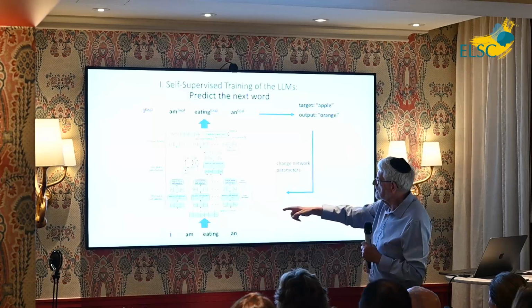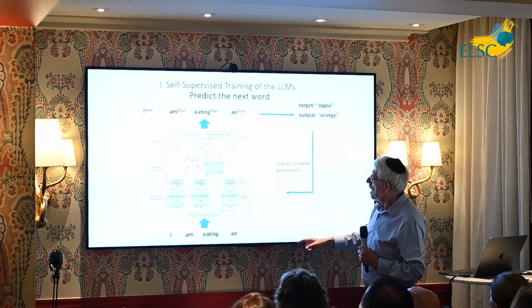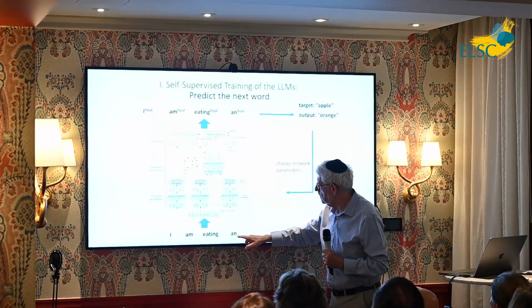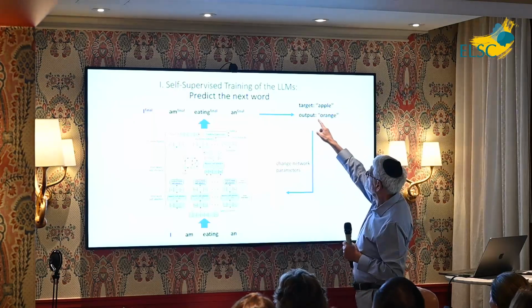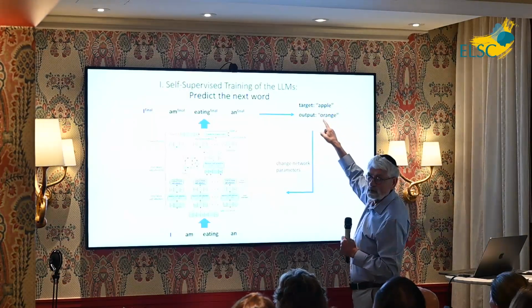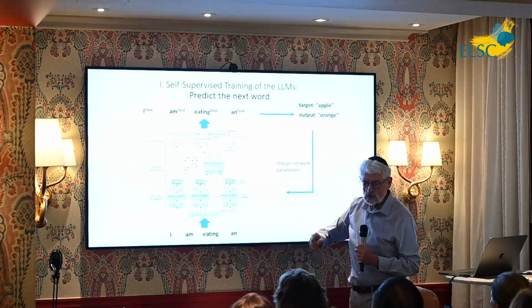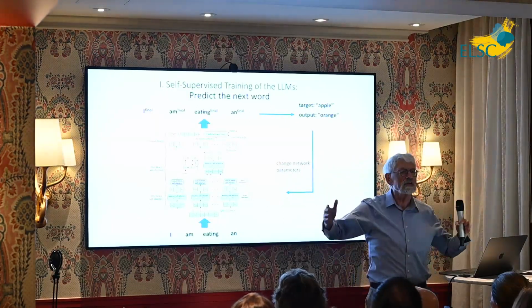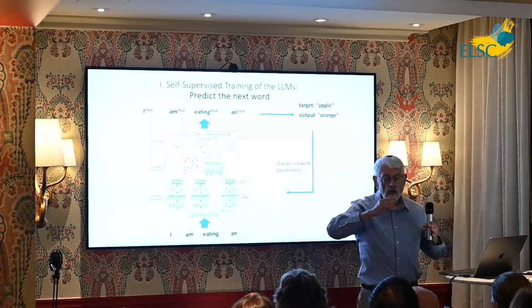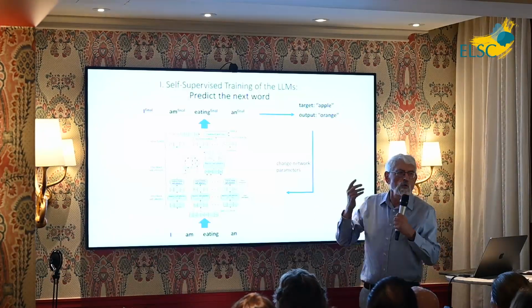You give it a sentence, I'm eating an apple, okay? And you tell it, predict here what should be the output. If the output is orange, so there is a mistake, okay, you change the parameter. And you go on and on and on like this. So you give it books, and you give it a whole Wikipedia and everything, Britannica. And it's very easy to automate.